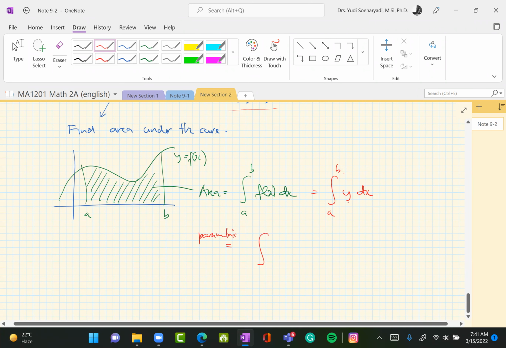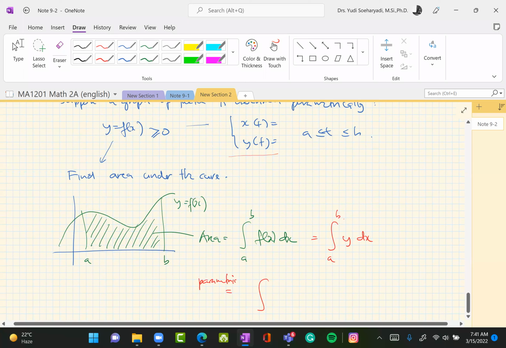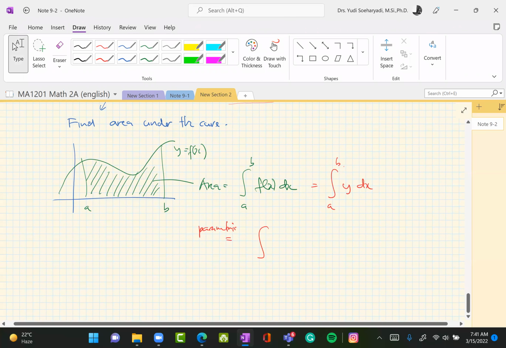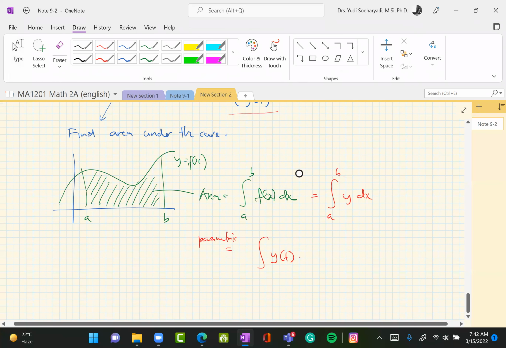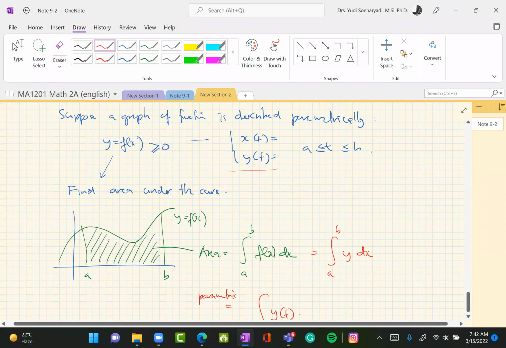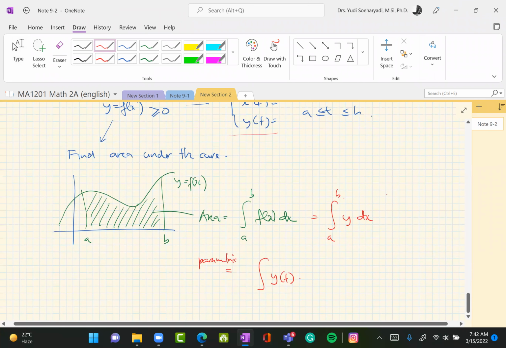In parametric form, y is whatever y there, y as a function of t now. And then dx is x prime as a function of t dt.